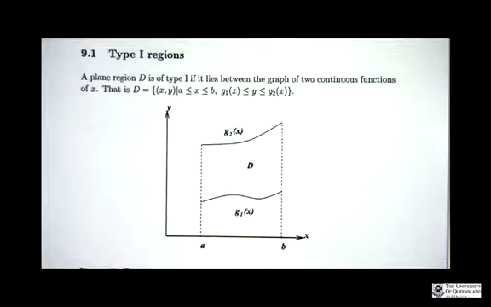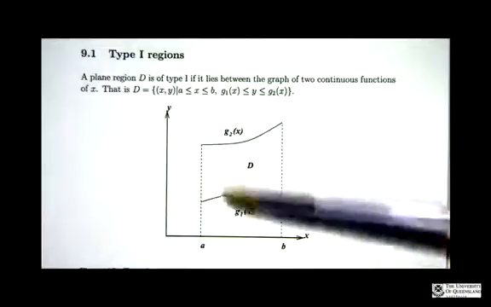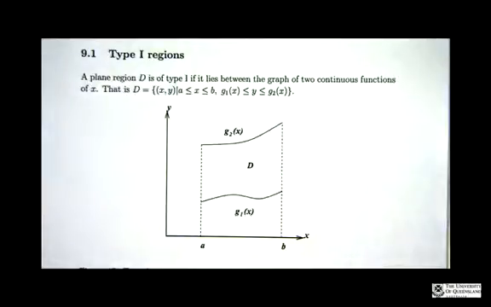Well, these are the regions with graphs in the xy plane that look something like this. The key feature being that we can always place the region between two constant values of x.